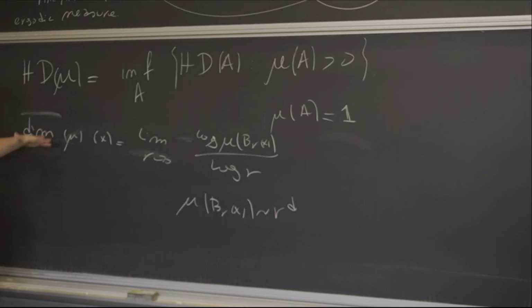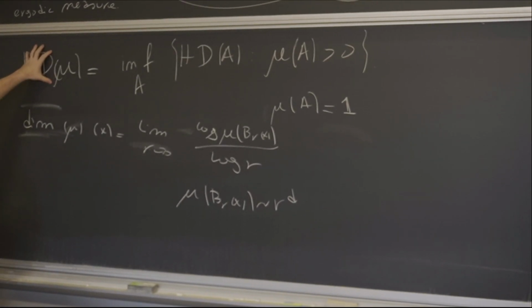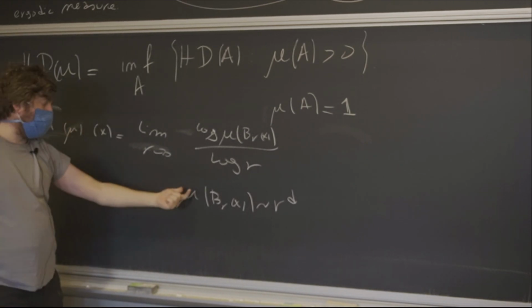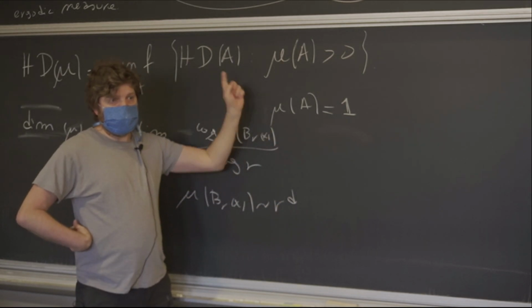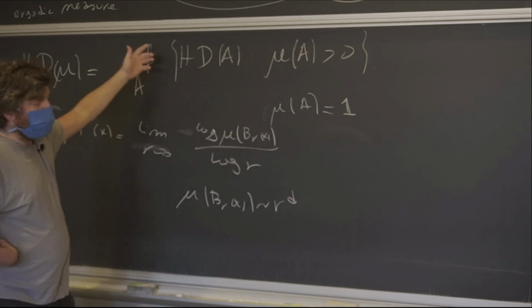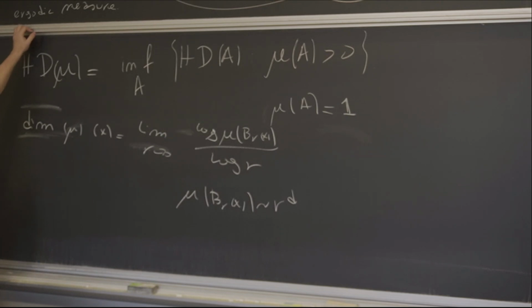You have the upper and the lower, of course, and then you can bound the Hausdorff dimension, where you cover by sets of diameter r, take power d, and this is what determines the Hausdorff dimension. Then you can bound this number in terms of these dimensions.